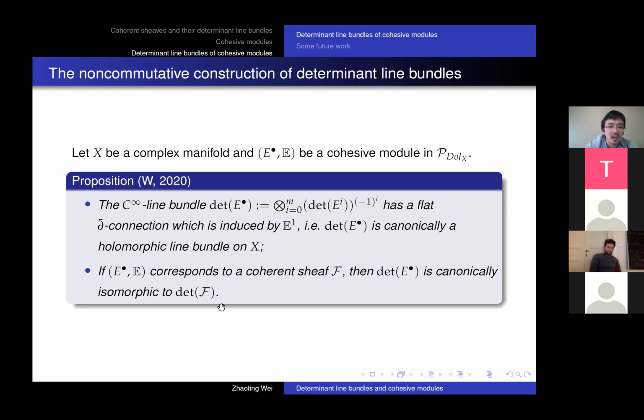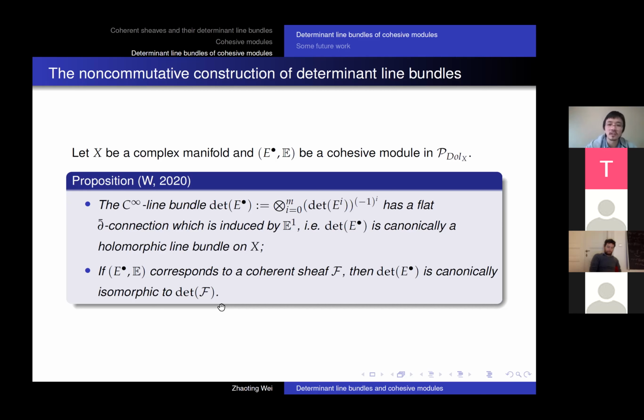Because each E_i is a finitely generated projective module over C infinity of X. So they are just finite dimensional vector bundles on X. So we can define the determinants of vector bundles and tensor them together.